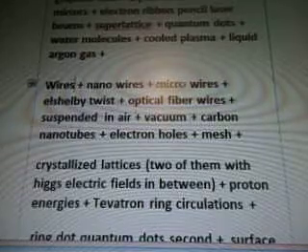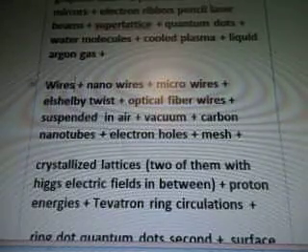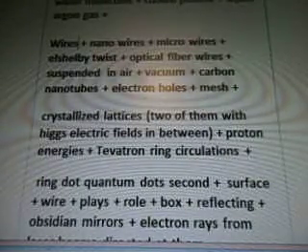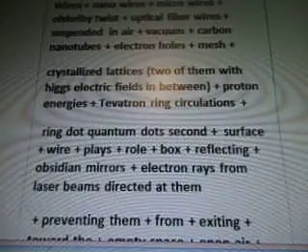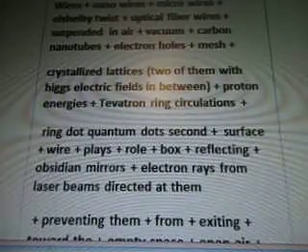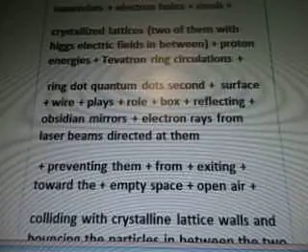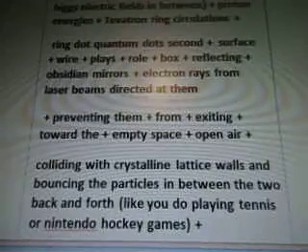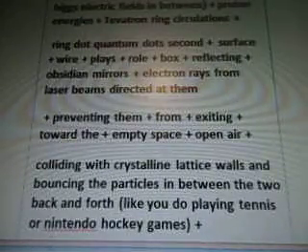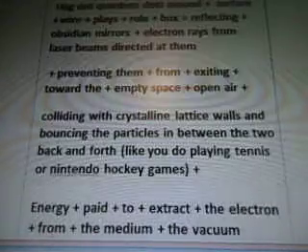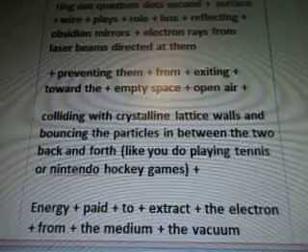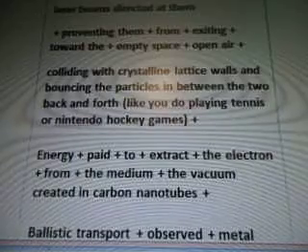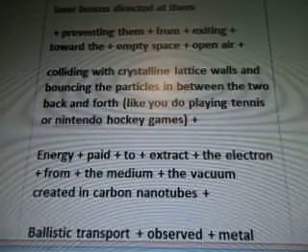Wires, nanowires, microwires, Shelby twist, optical fiber wires, suspended in air, vacuum, carbon nanotubes, electron holes, mesh. Crystallized lattices, 2 of them with Higgs electric fields in between, proton energies, tevatron ring circulations, ring dot, quantum dot second, surface wire plays role box, reflecting obsidian mirrors, electron rays from laser beams directed at them, preventing them from exiting toward the empty space, open air, colliding with crystalline lattice walls, and bouncing the particles in between the two back and forth like you do playing tennis or Nintendo hockey games.